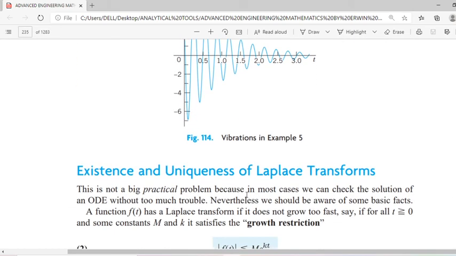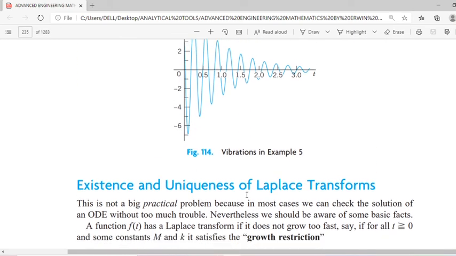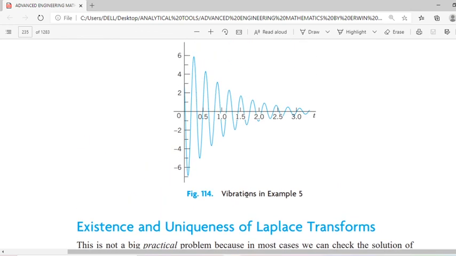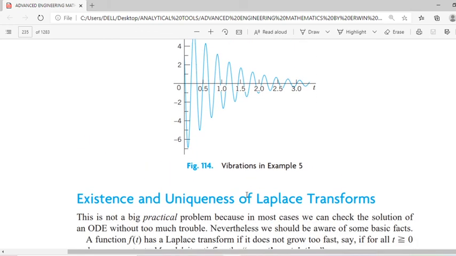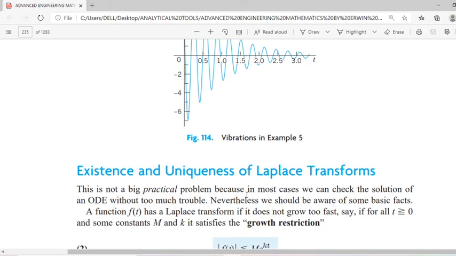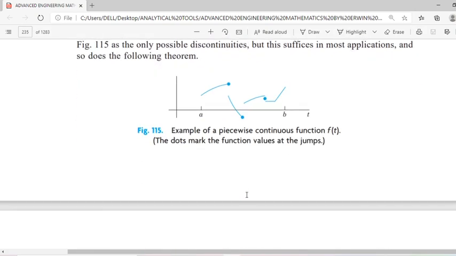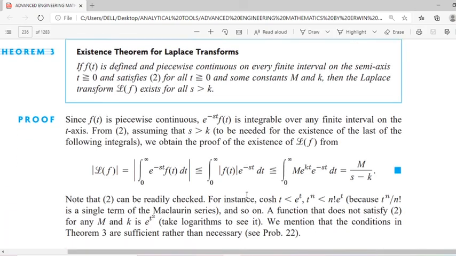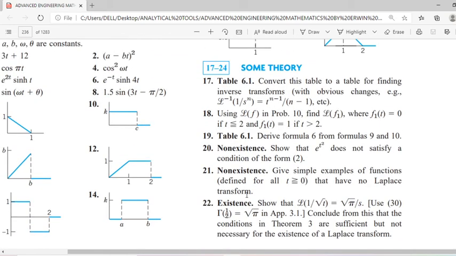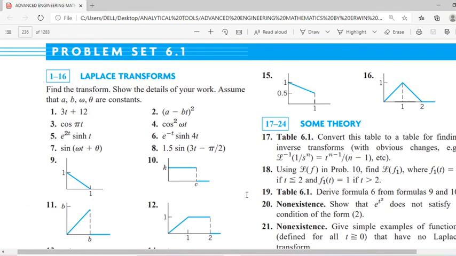It's a progressive, step-by-step method. We will discuss the existence and uniqueness of the Laplace transformation in the next class after studying this. So you can do the exercise problems here.